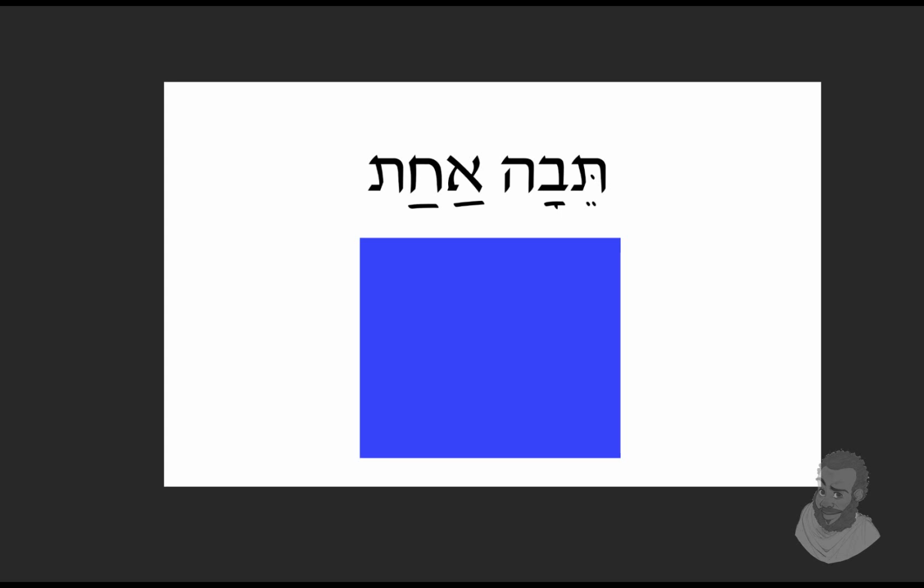Teva was what Moshe's mother had placed him in, made out of suf, reed or reeds. It's a collective word. Kofer is a muddy substance. And with Noah, he made it out of es, wood, or tree. So again, just for this example, teva.